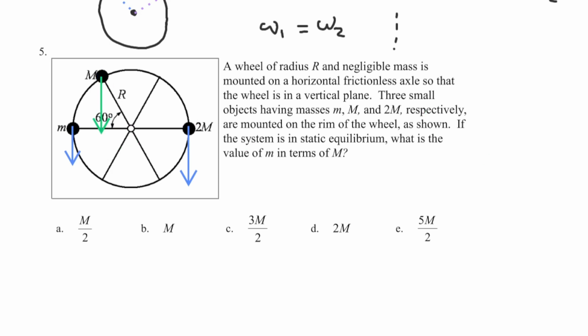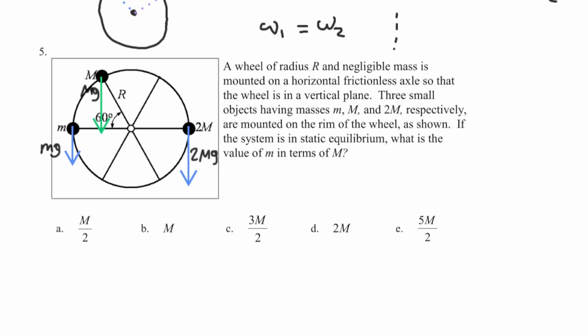So we know the actual magnitudes of the forces: this is a 2mg, this is a little mg, and this is a big Mg. And then we just got to set the torques equal to each other.